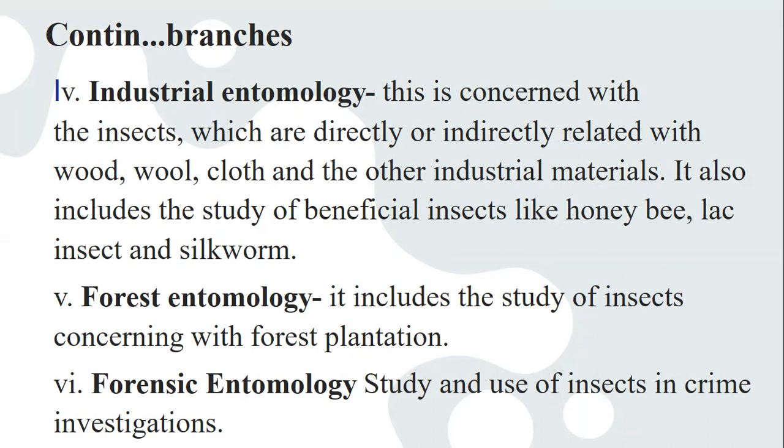The silkworm is a very important insect because it helps to produce some of the garments. In forest entomology, we study insects found within the forest ecosystem, and there are a variety of them, like the cicada and many more.